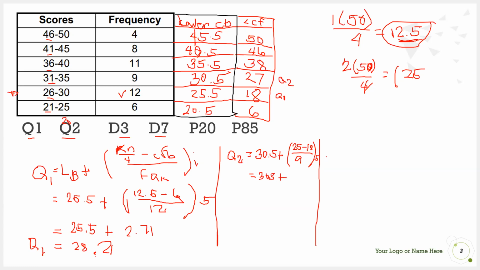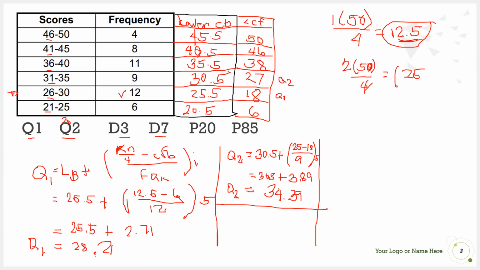So, that's 25 here. 25 minus 18, that is 7. 7 divided by 9 times 5 is 3.89. 3.89 plus 30.5. So the Q2 is 34.39. Tapos yan.